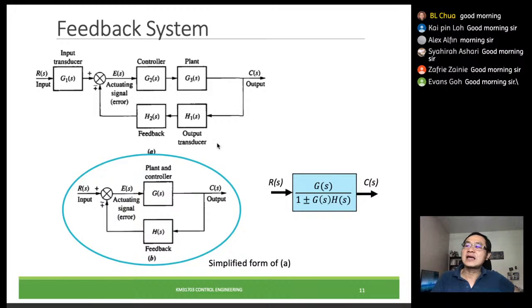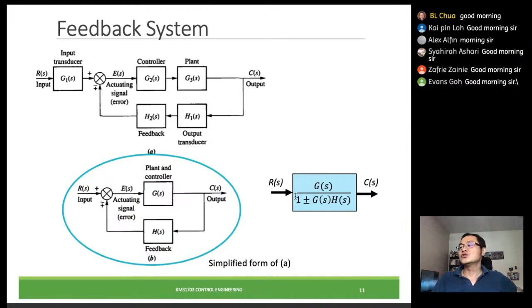If we are able to group them like this, or just a straight line, either a straight line, open loop type, or in the form of a closed loop type, then this closed loop type we can represent with this transfer function. Immediately we can see that, remember as I mentioned previously, the input is plus, and the feedback coming back should be minus most of the time.